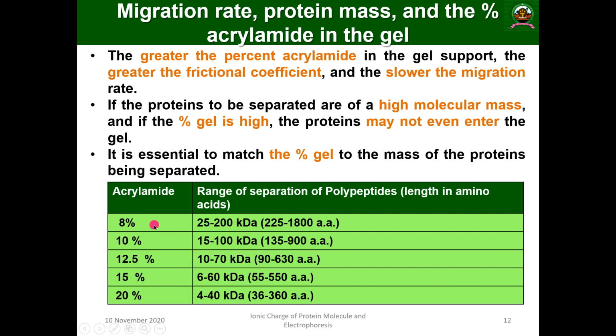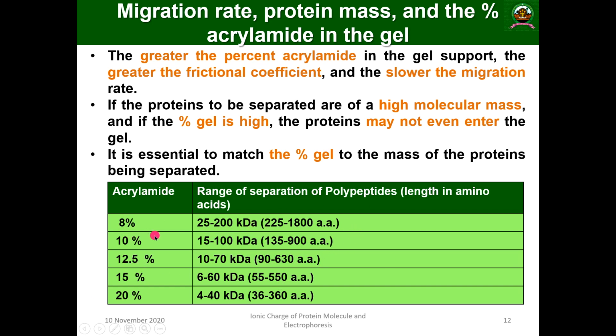If the concentration is lower, the pore size will be very high, the gel will be very loose, and then larger proteins can be separated. If it is 10% acrylamide, 15 to 100 kilodalton, then as the concentration increases, the size decreases, so 135 to 900 amino acids can be separated.